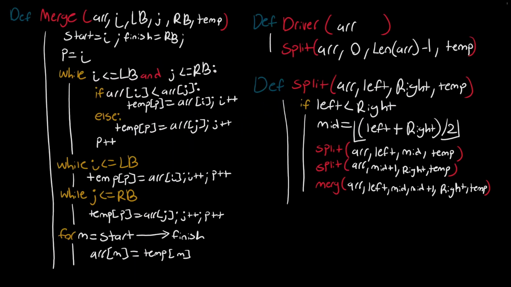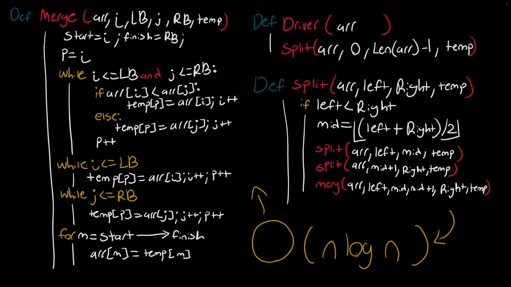So this is all the code together, and the big O of this is going to be n log n. Now, if you want to evaluate this for yourself, we have a video on recursion where you can learn how to evaluate any recursive function and follow them through.